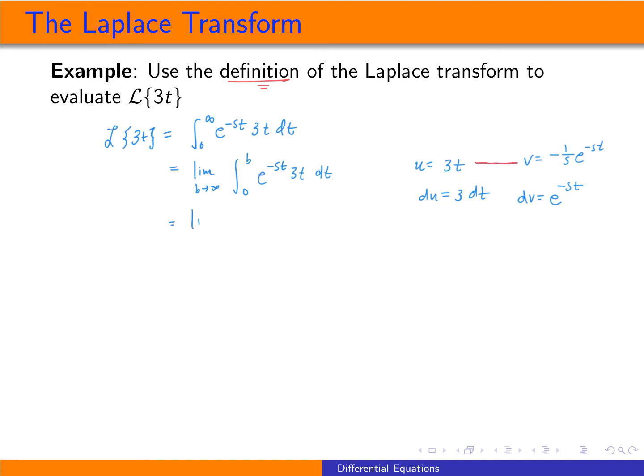And note, at each step we're going to write an equal sign and keep this limit until we evaluate it. So uv is 3t times minus 1 over s, e to the minus st, evaluated from t equals 0 to t equals b.